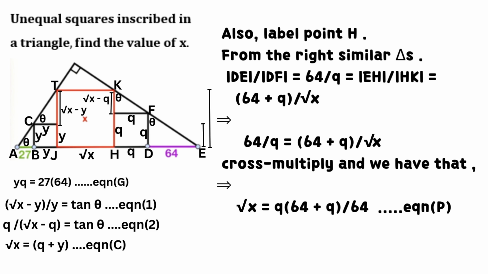It implies that 64 divided by q equals the sum of 64 and q, all divided by the square root of x. Cross multiply and we have that the square root of x equals the product of q and the sum of 64 and q, all divided by 64. We call it equation P.